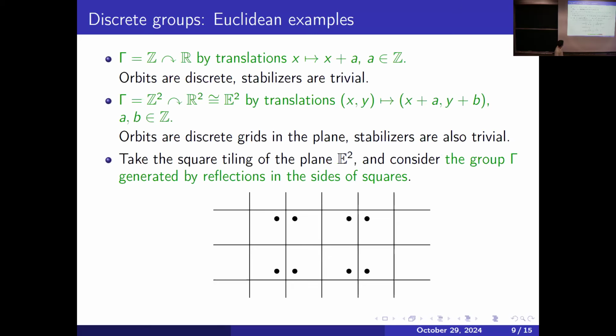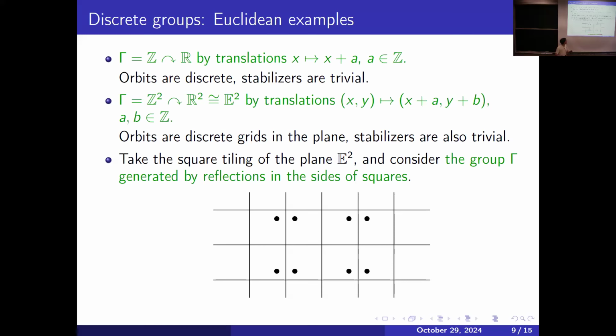Okay, the next instance is already a bit more complicated. It will have non-trivial stabilizers, and it's obtained as follows. Take the square tiling of the Euclidean plane.